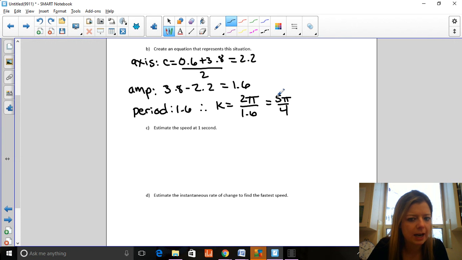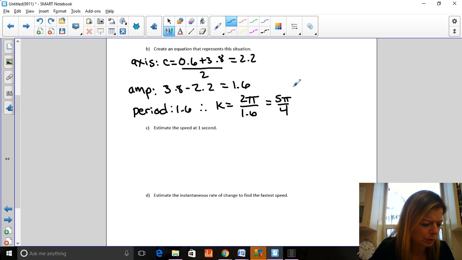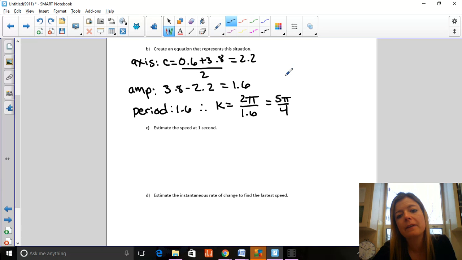Okay, so to do that, you can just do 2 fraction 1.6, enter, and that won't work. Sorry, I'm having a problem with my calculator. You have to figure out how to get 1.6 to an integer, and if you multiply it by 2.5, you get it as 4.